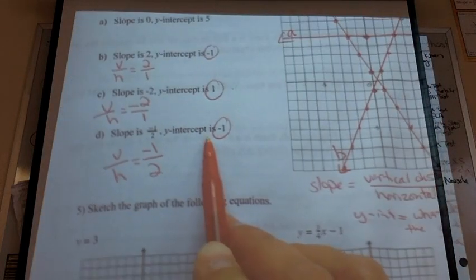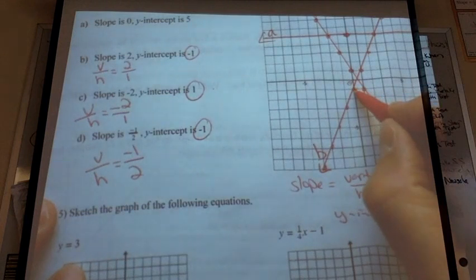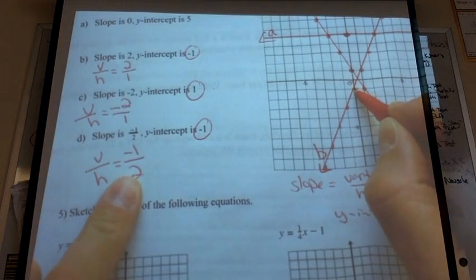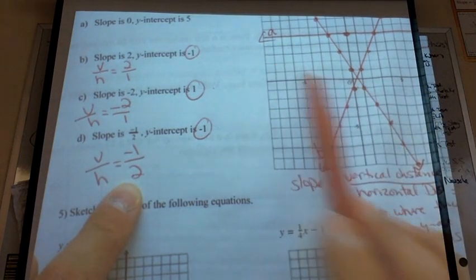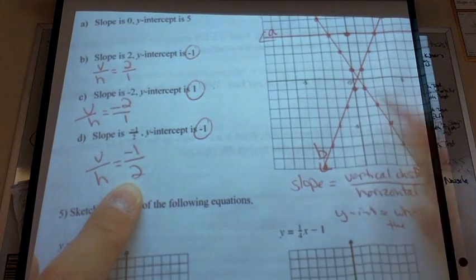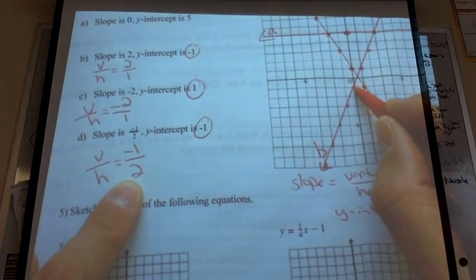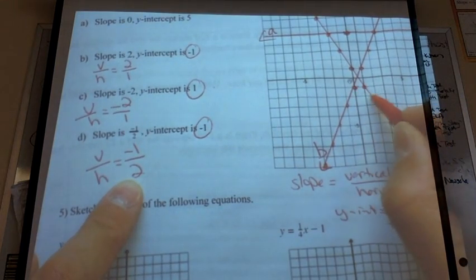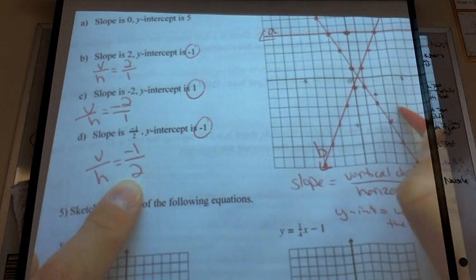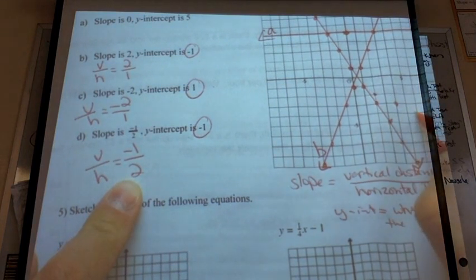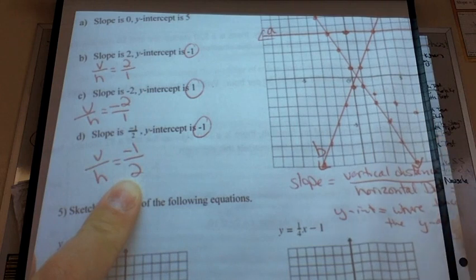That's our beginning point. So at negative 1, there's already a dot there. That's okay. We're going to use that same one. But our slope was negative 1 over 2. So that means our line has to be going downhill overall. So it's down 1 and to the right 2. Down 1 to the right 2. I'm going to follow that same pattern. Down 1 to the right 2.